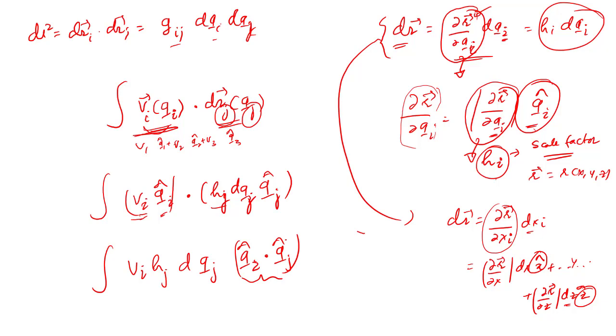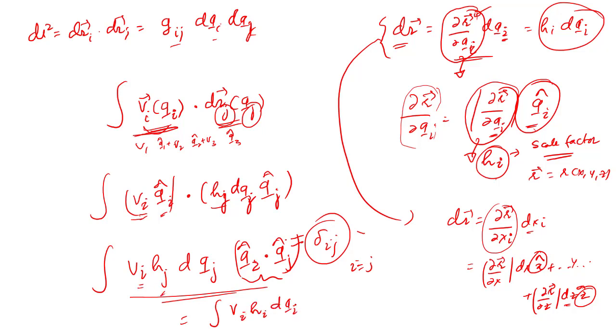Here, what we are saying is that this is equal to delta ij, and we're choosing three surfaces that obey that orthogonality, that are mutually perpendicular. That's when the dot product is 0 if you have two different axes. So if we have such a coordinate system, then this is non-zero only if i is equal to j. So I can simply write it as vi hi dqi.